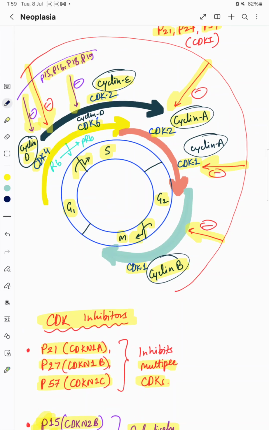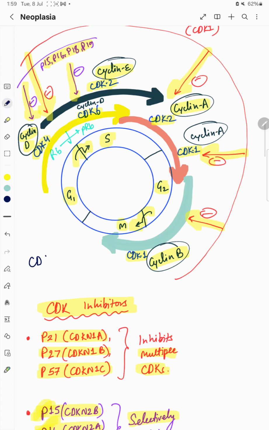So the sequence of appearance of cyclin dependent kinases is 4, 2, 2, 1, and the sequence of appearance of cyclins is D, E, A, B.